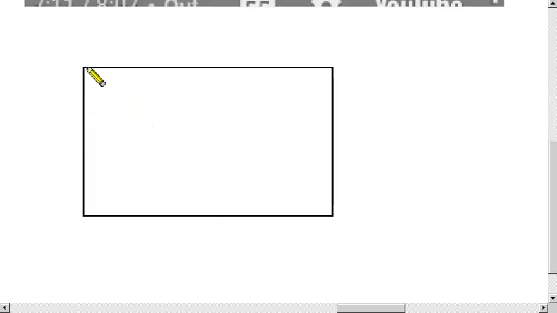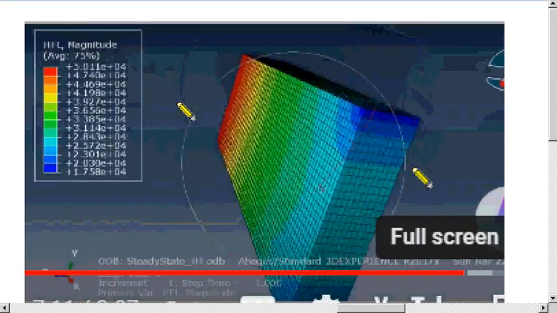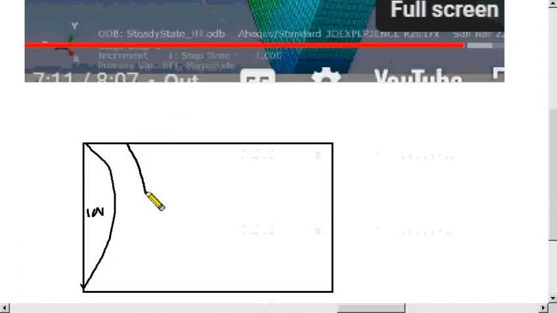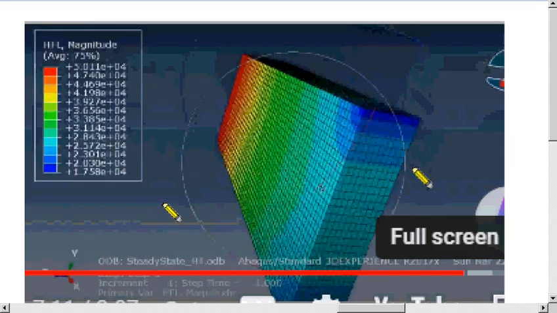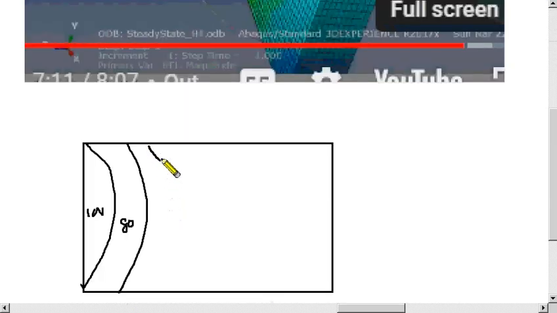This side is red color, say 100, and then this one say 80, and this one say 70, like that.